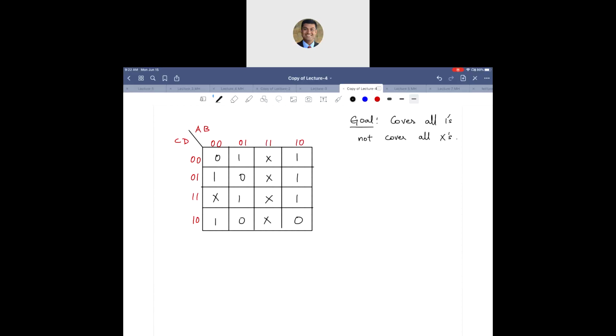So how about this? Let us start with a group of 16 ones. Are there any group of 16 ones that are possible? No. How about 8 ones? Can I make a group of 8?